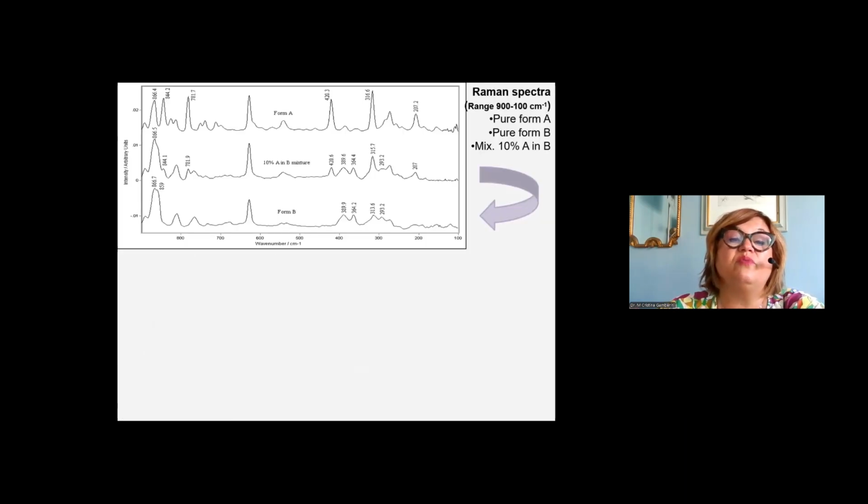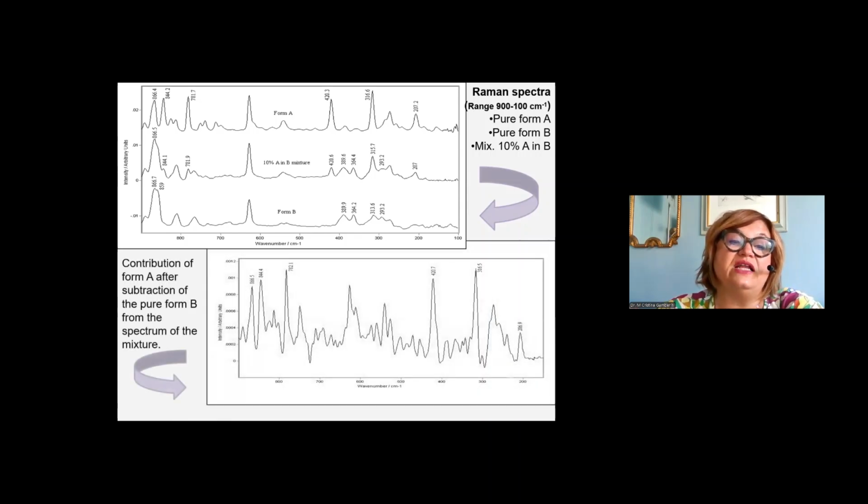Finally, we could compare, and we have also tried a mixture to do a semi-quantitative analysis of the three forms. When you crystallize on a small scale, you're sure to have one form and not the other, but sometimes, on a big scale-up, it's possible to have a mixture.